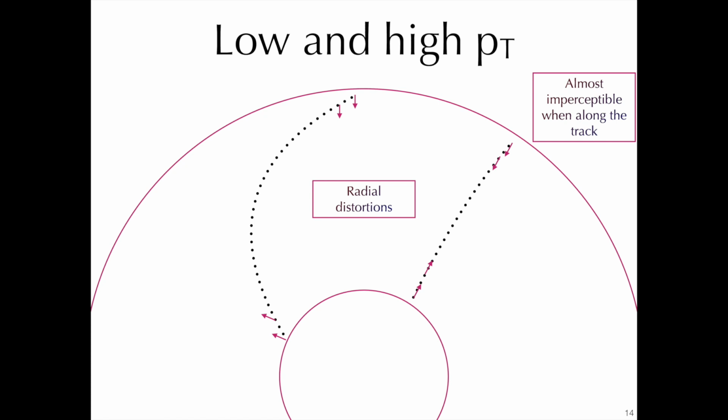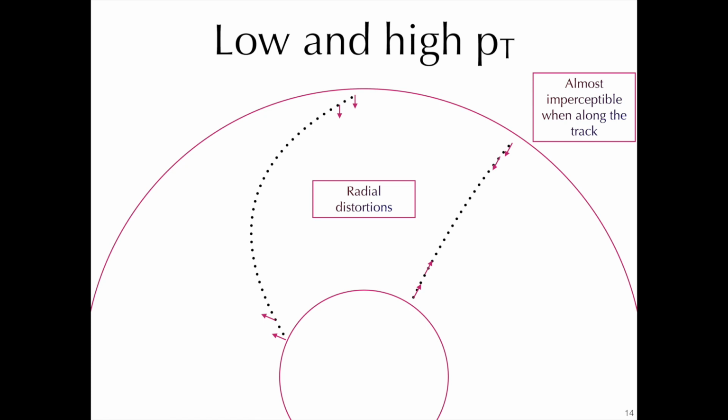And to help people understand that, I've tried to make a couple of schematics here that I just did by hand, where the inner and outer cylinders of the TPC are shown, and then in dots are two tracks. On the left is a low PT track that curves a lot, and on the right is a high PT track that doesn't curve very much. And with these little arrows, I've tried to show the radial displacement that one might get from electric field distortions.